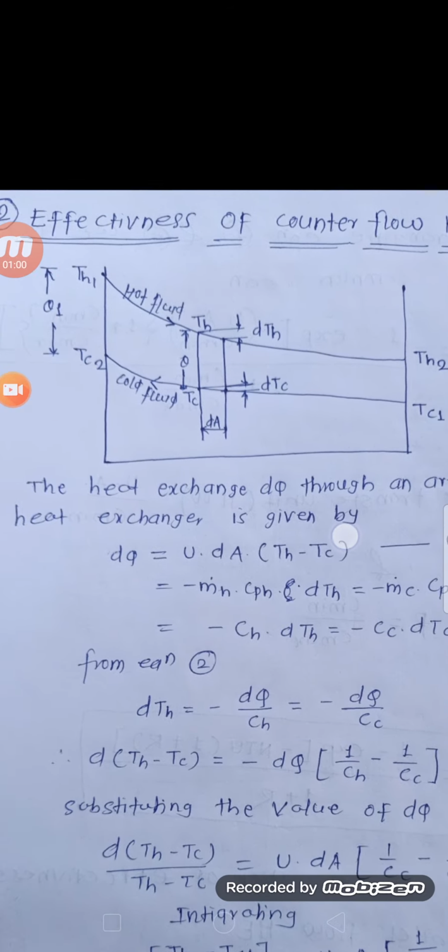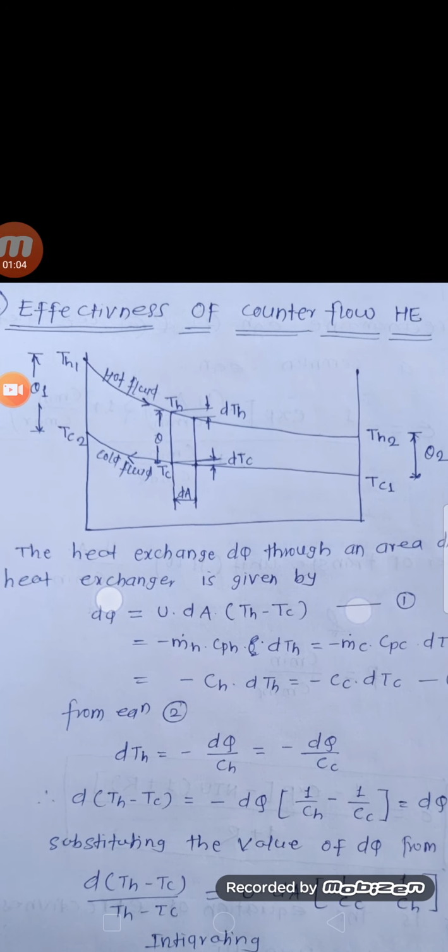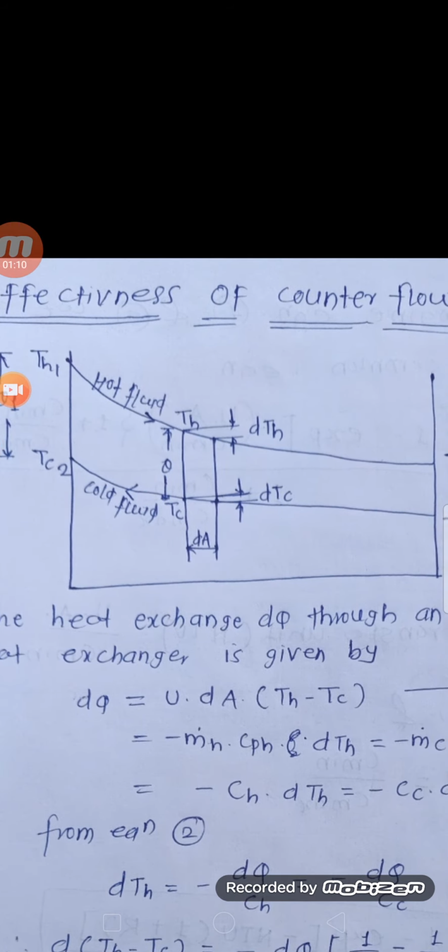So this is the graphical representation of the counterflow heat exchanger. This is the line of the temperature variation for the hot fluid, and this is the line for the temperature variation for the cold fluid.